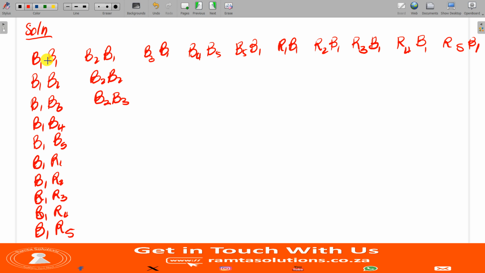When the first ball is red, where do we start seeing it? In this half. Remember guys, this half is the one that says B2, B3, and then R1, B4, and then R1, B5, and then it's going to be R2, B2, and so on, just like that.